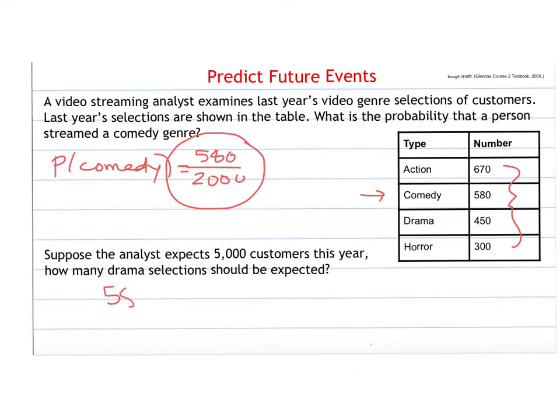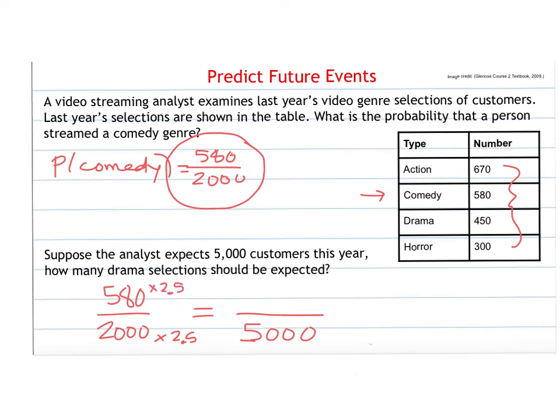So I can do 580 over 2,000, and we can find an equivalent fraction with 5,000 as the denominator. I know 2,000 times 2.5 is 5,000, so I can do the same thing to the numerator: 580 times 2.5.